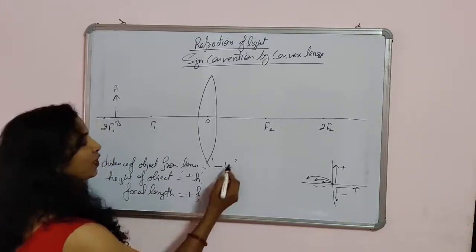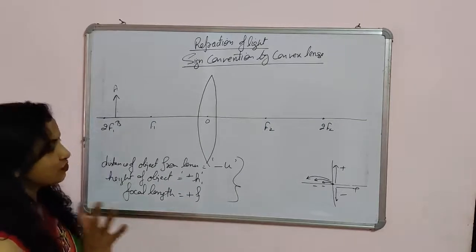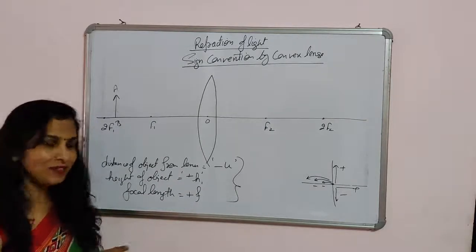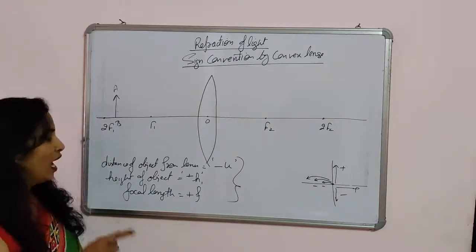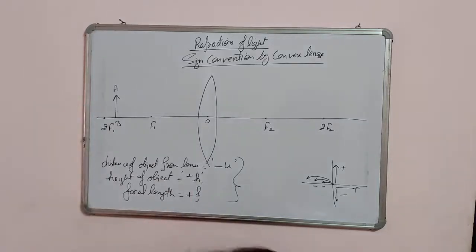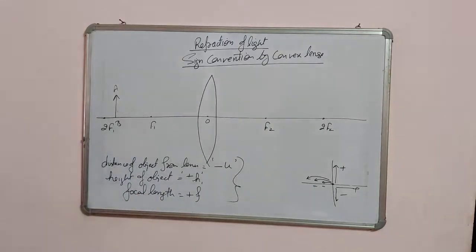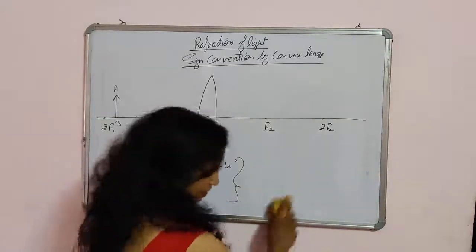So these are the values which never change at any time. They always remain the same. u will always be negative, h1 will always be positive, and f will always be positive. But the conditions for the image change.